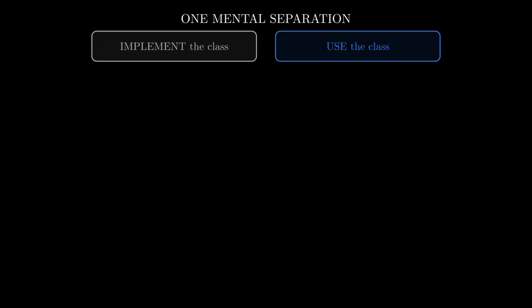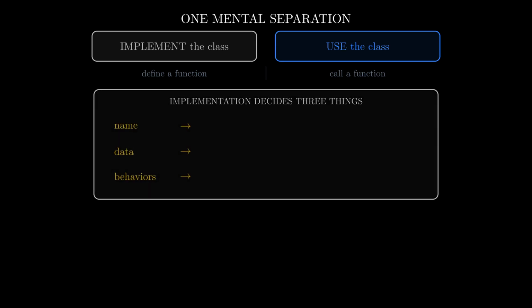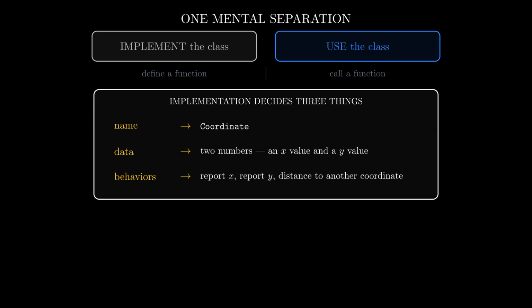The whole video comes down to one mental separation. Implementing a class and using a class are different activities, the same split as defining a function versus calling it. Implementation decides three things: the name of the type, the data that abstracts it, and the behaviors it offers. For our coordinate, the name is coordinate, the data is two numbers, and the behaviors are report x, report y, and measure the distance to another coordinate.